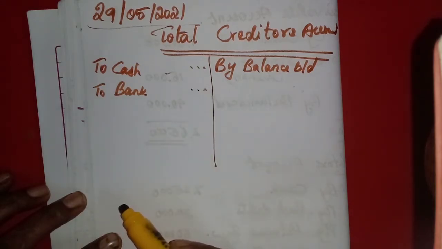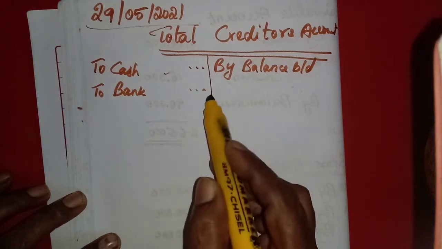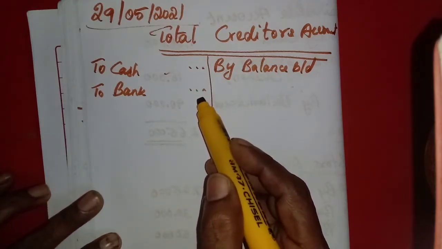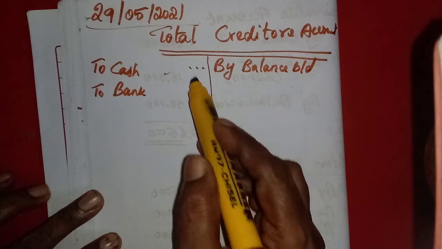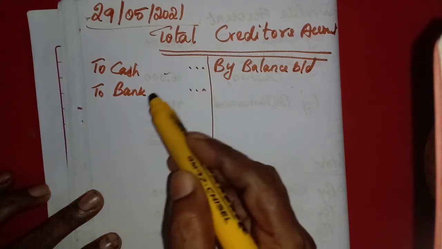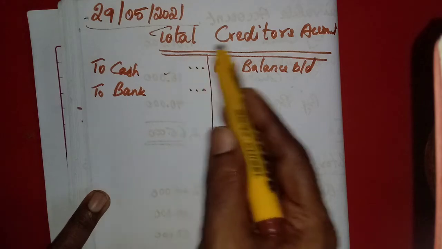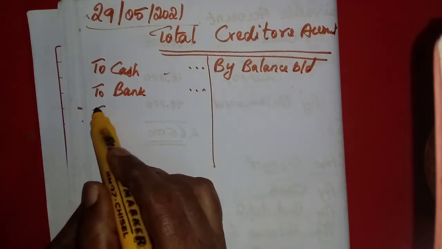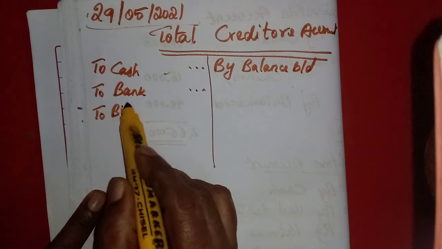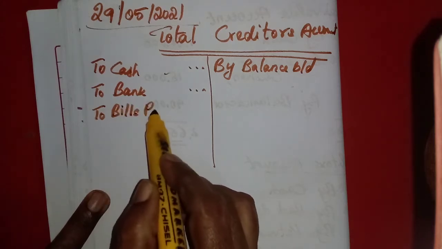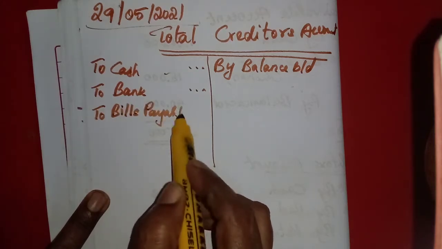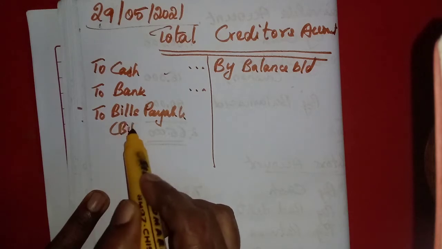Then if we have accepted any bills, there we receive the bills, here we accept the bill. That means we need to pay that one. Here also we will debit the creditors account to bills payable account. Here we have to write bill accepted.